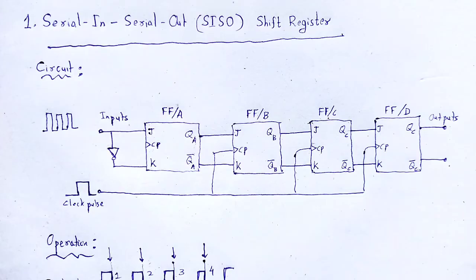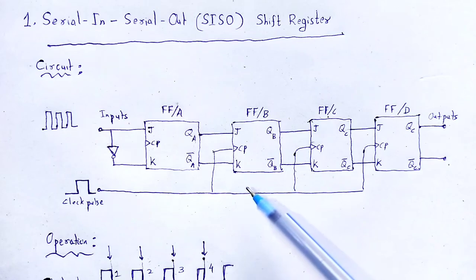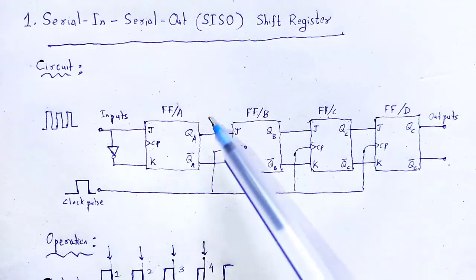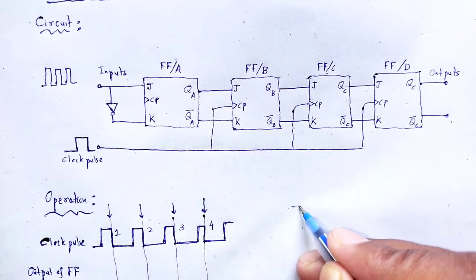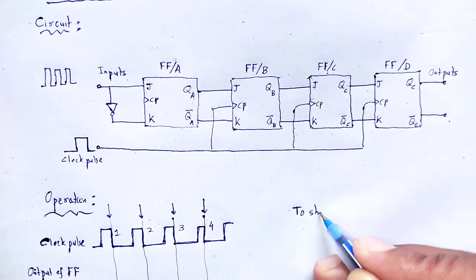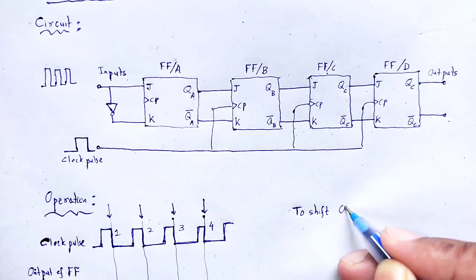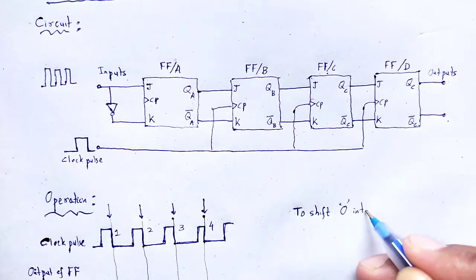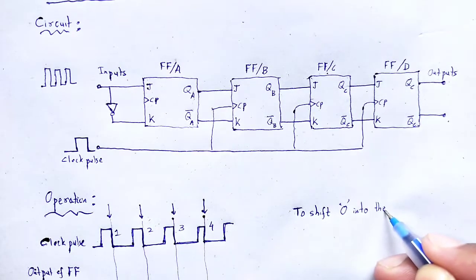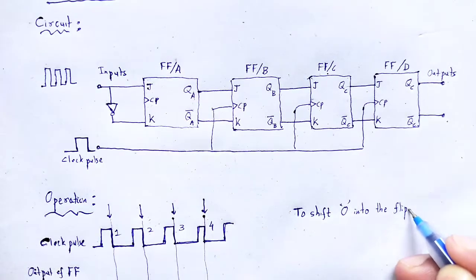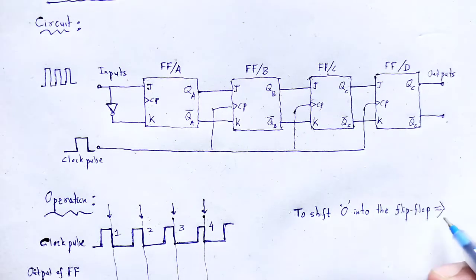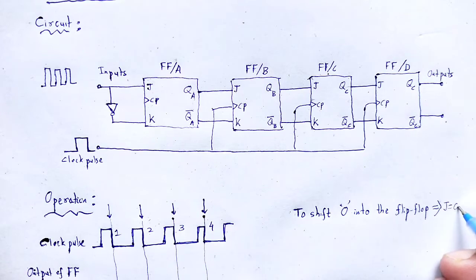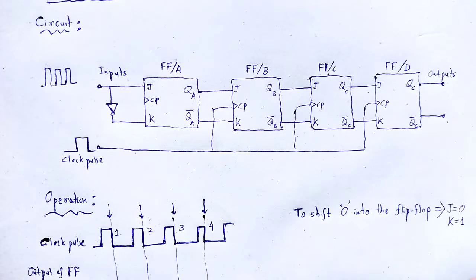So, how does the operation hold? The data to be shifted is placed at the input terminals of the JK flip flop. Look here, to shift 0 into the flip flop, we have the condition J is equal to 0 and K is equal to 1.